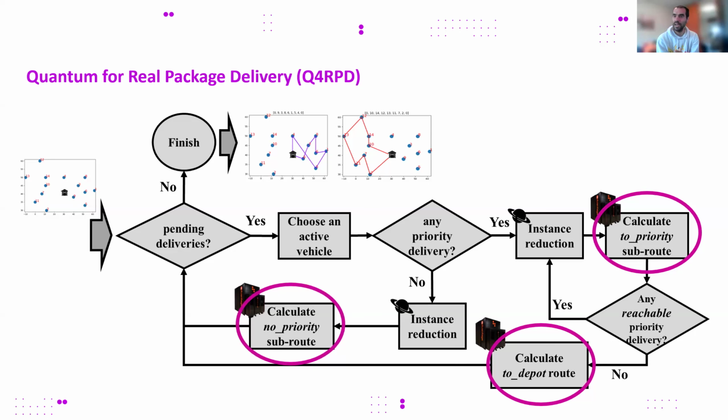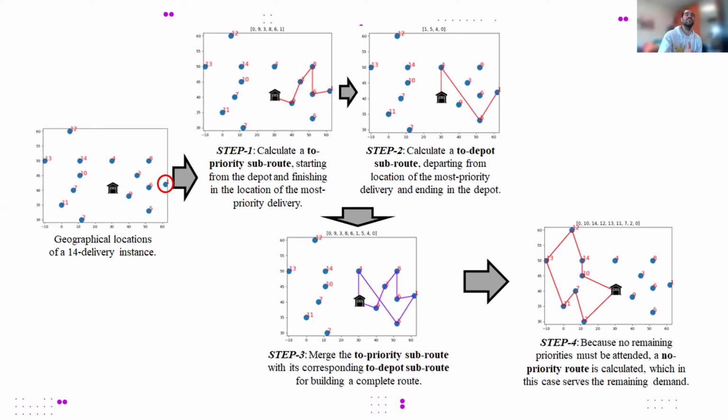Some examples of these kinds of routes: in the instance that we can see on the left part of this slide, we have 14 different deliveries. Considering that this delivery is the top priority one, in the first phase we calculate a to-priority subroute in order to attend the demands of the client before the time window ends.